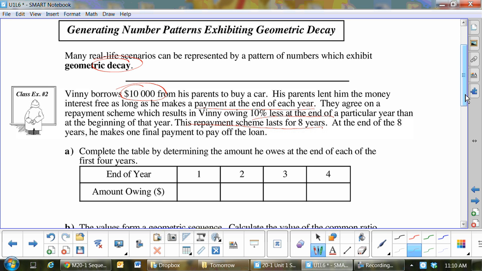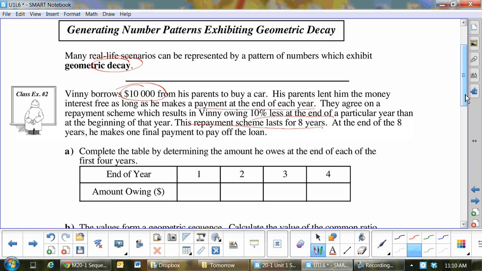And he will owe how much at the end of the first year? What percent will he owe? He'll owe 90%, right? He's always got to pay off 10% of what he owes.